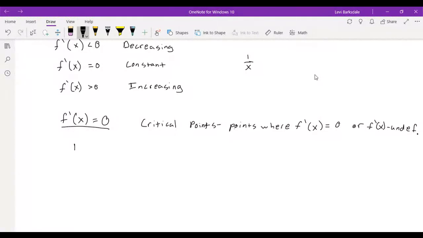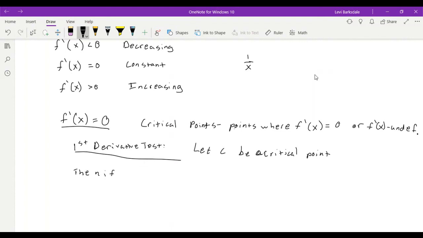So the first derivative test is essentially, if we look at our critical points, let's say we found a critical point. Let C be a critical point. Then if f prime of x switches from negative to positive, C is a local minimum.